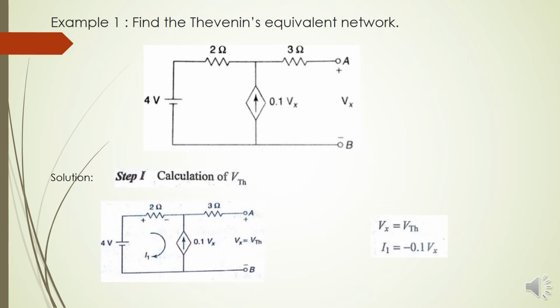So in this case Vx is equal to VTH, and the dependent current source having a value of 0.1 Vx belongs to mesh 1. Assuming I1 current is flowing in the mesh, this current I1 is minus 0.1 Vx, as the direction of this current is opposite to the current source.